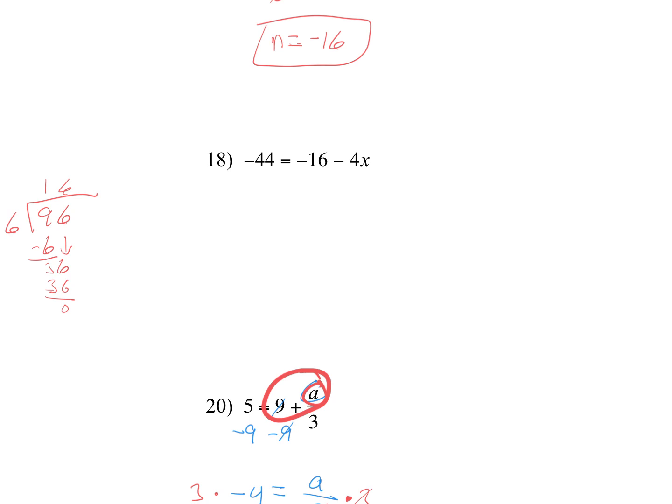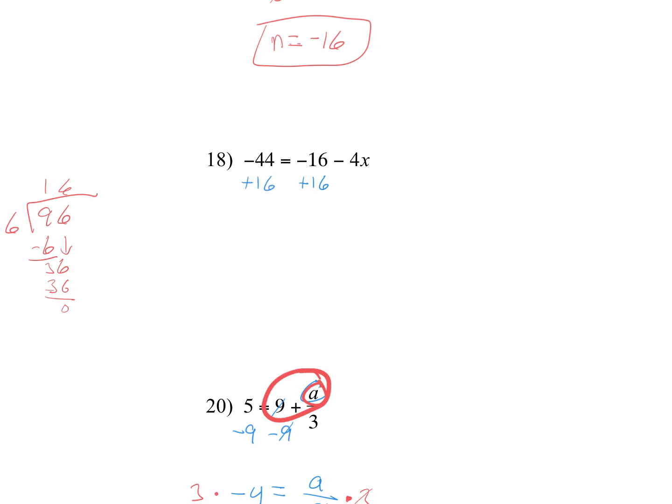Same thing here. Negative 16 minus 4x, we want to isolate the x. To get rid of that negative 16, we want to do that first because that's the constant that doesn't have the variable. That's the addition and subtraction. So to get rid of a negative 16, we want to add 16 on both sides.